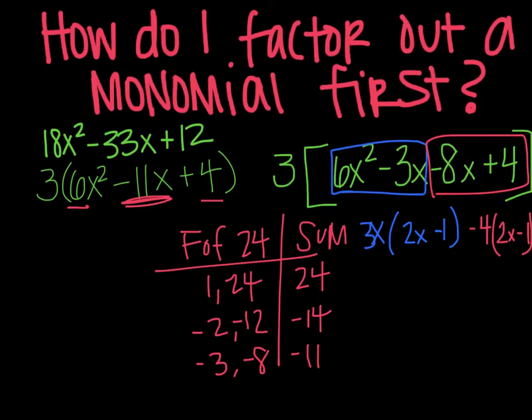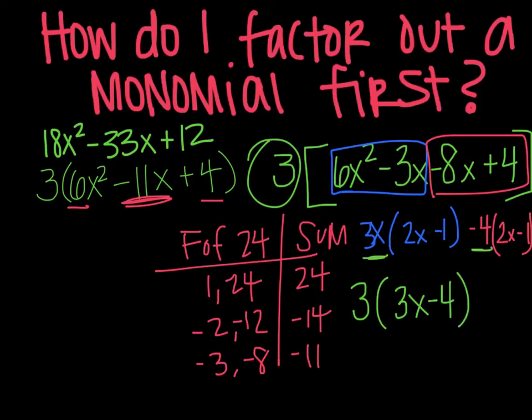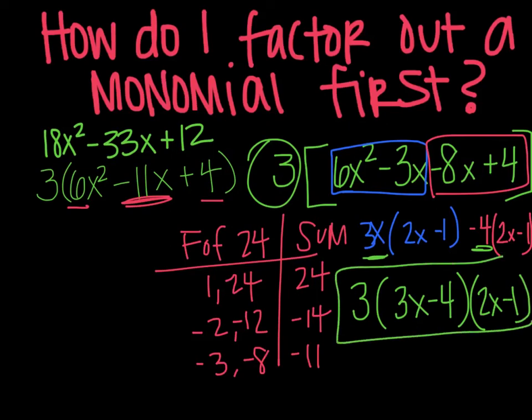And then your final answer would be 3 on the outside. Don't forget about that 3. And then parentheses 3x minus 4, which comes from these two numbers, and then your 2x minus 1. And this right here is your final answer.